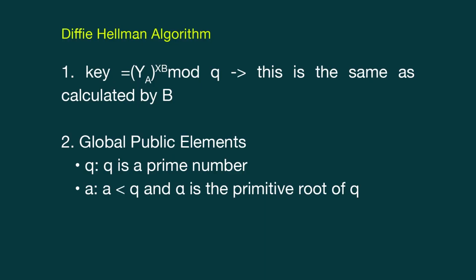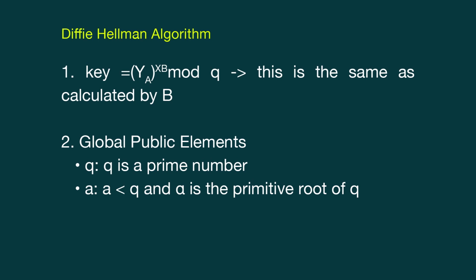The answer in step 5 is the same as the answer in step 4. This means both parties will get the same answer no matter the order of exponentiation. So, in the Diffie-Hellman algorithm, the key is equal to ya raised to xb mod q. This is the same as calculated by B.